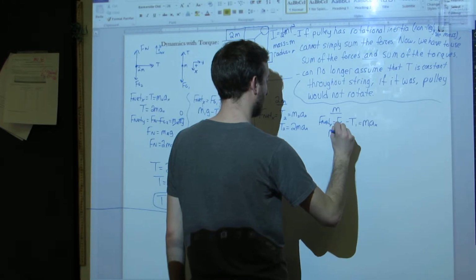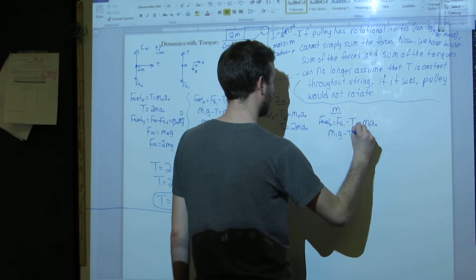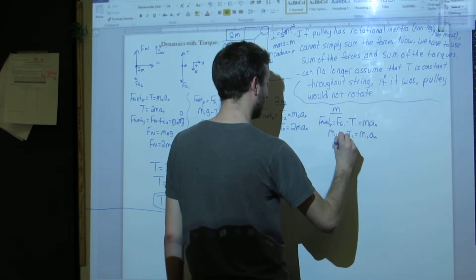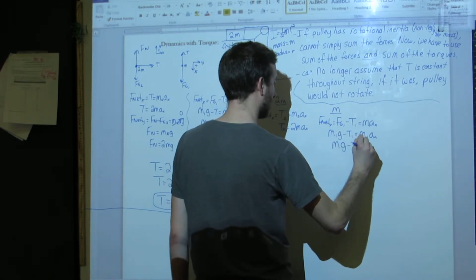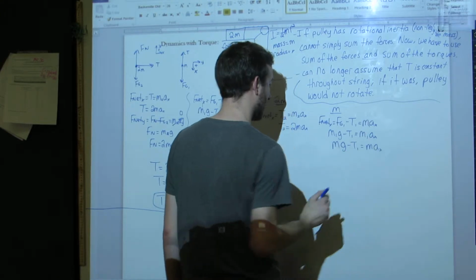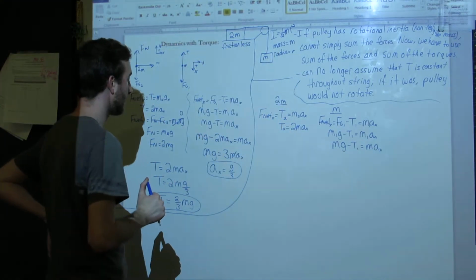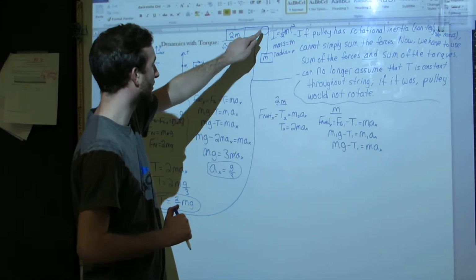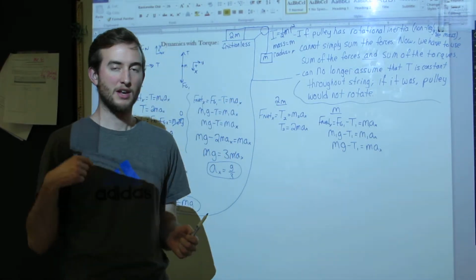We know this is M1G minus T1 equals M1 AX, or in other words, just MG minus T1 equals M AX.